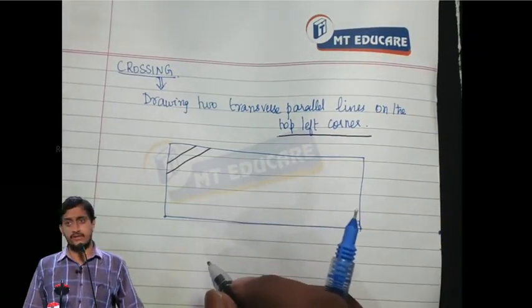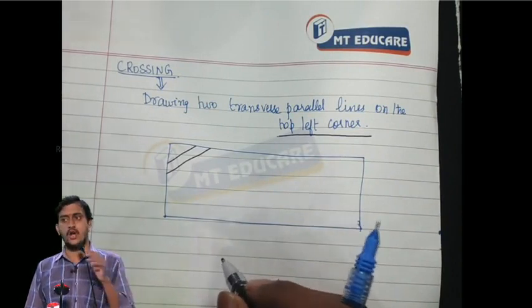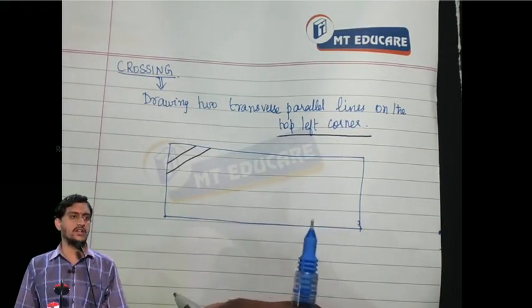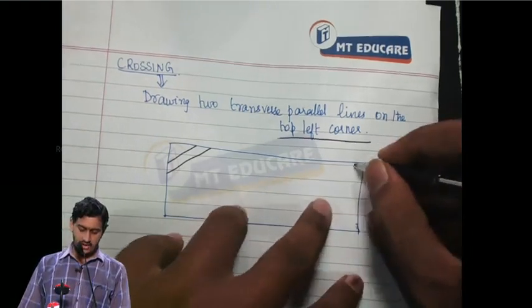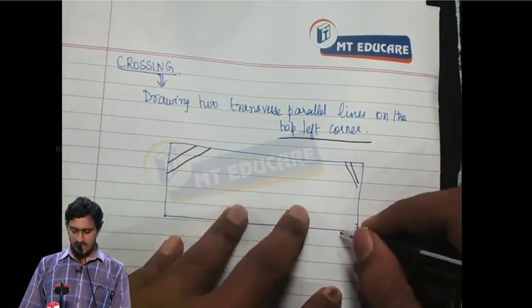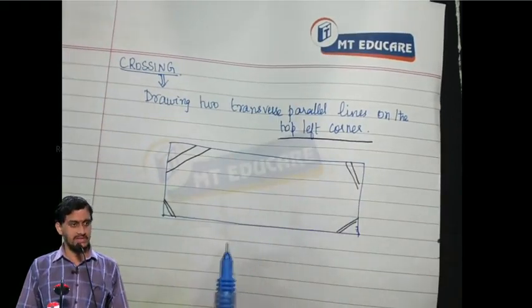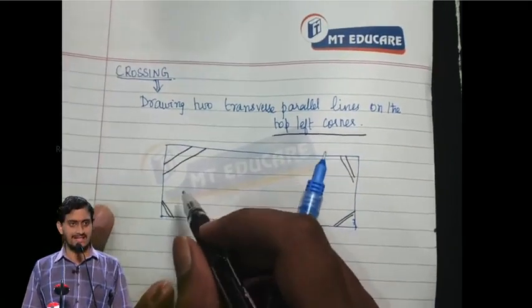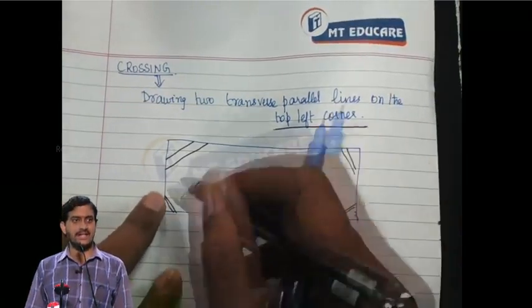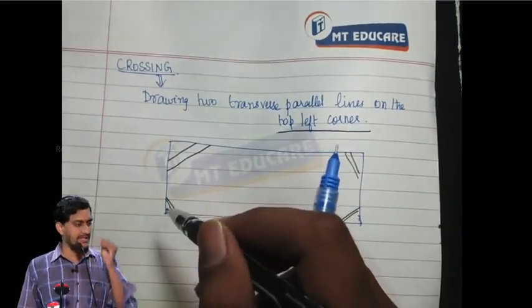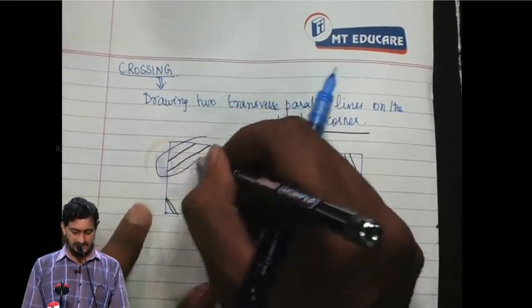Sir, where is it given that I should draw two transverse parallel lines only on the top left corner? Should I not draw on this side, sir? See, friends, there is no restriction in crossing the check here, here and here, but it is a customary practice to cross the check like this.